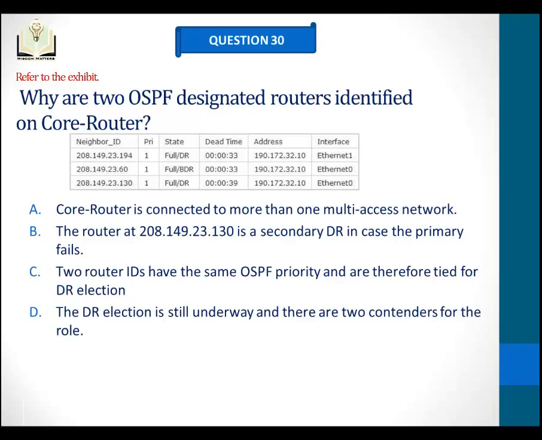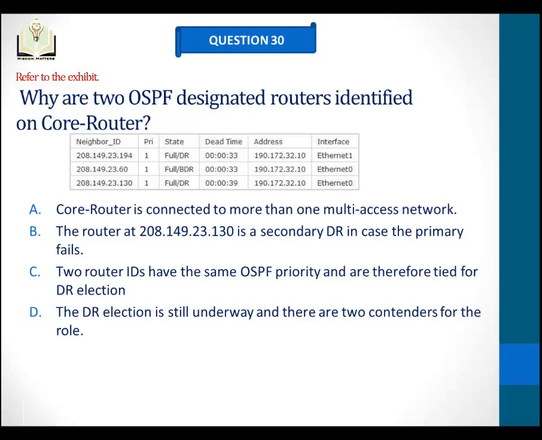See the exhibit below. Why are two OSPF designated routers identified on the core routers? A. The core router is connected to more than one multi-access network. B. The router at 208.149.23.130 is a secondary DR in case the primary fails.